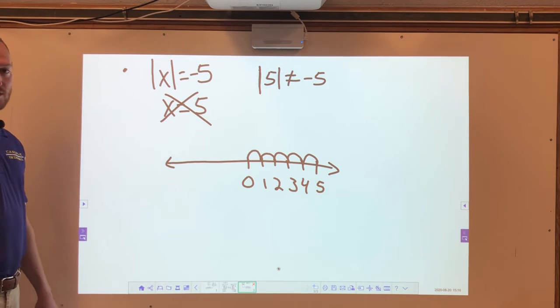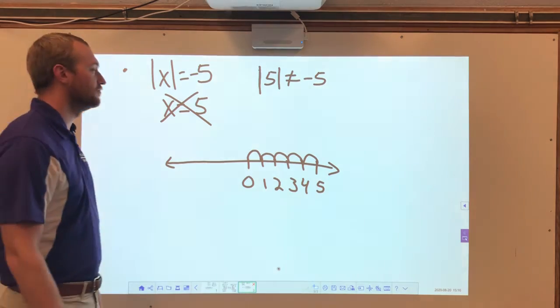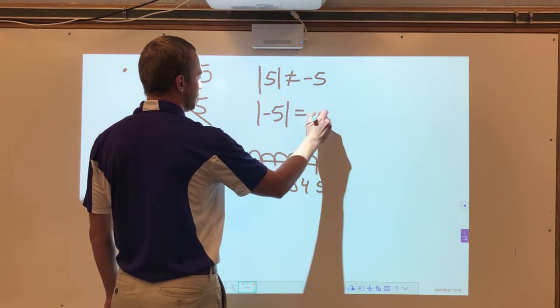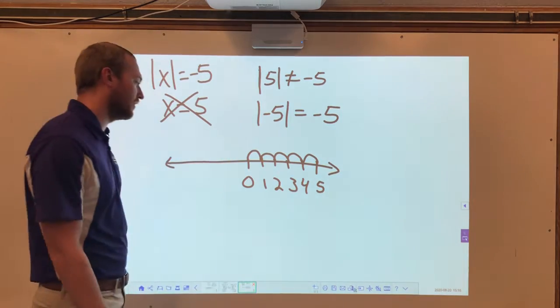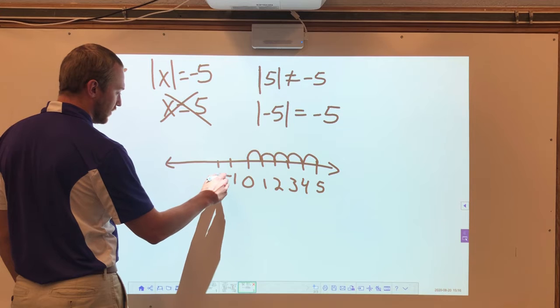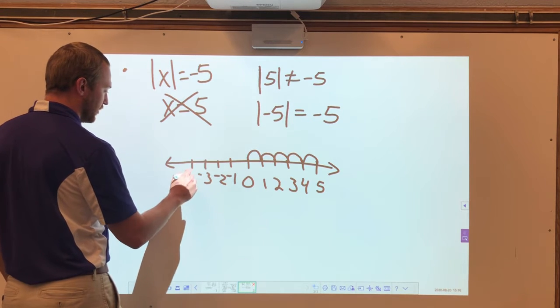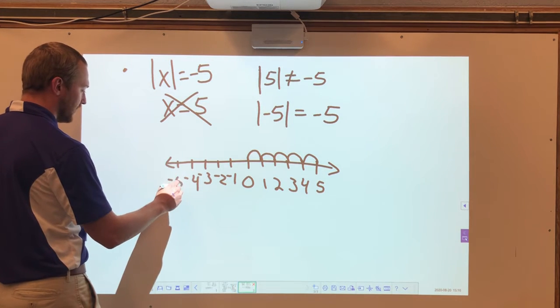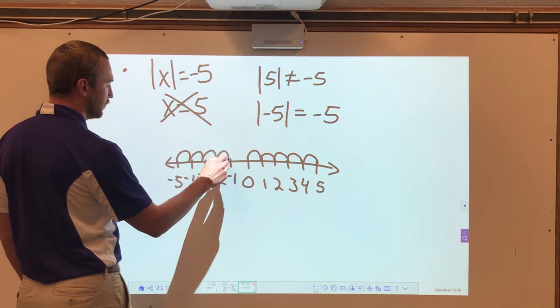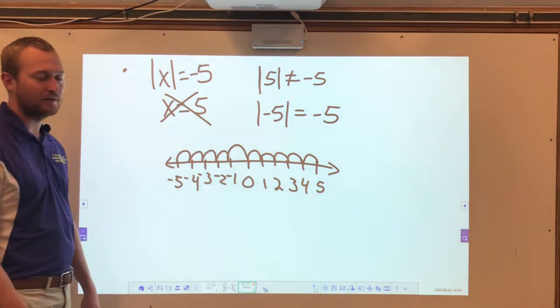Well, your next guess might be, let's try negative 5 then. The absolute value of negative 5, that's got to equal negative 5, right? You might be questioning me already, but let's go ahead and draw this on our number line. If we start at negative 5, we're moving 1, 2, 3, 4, 5 numbers, positive 5.